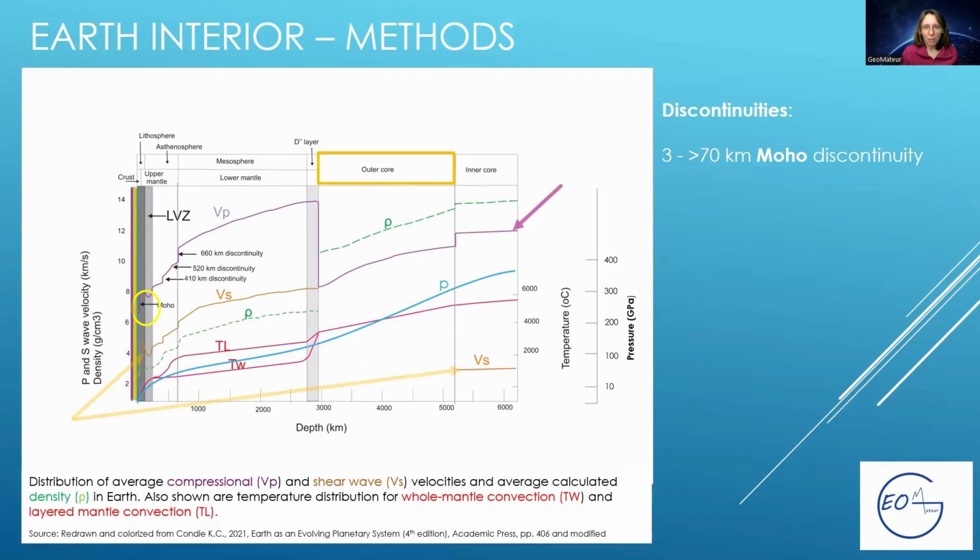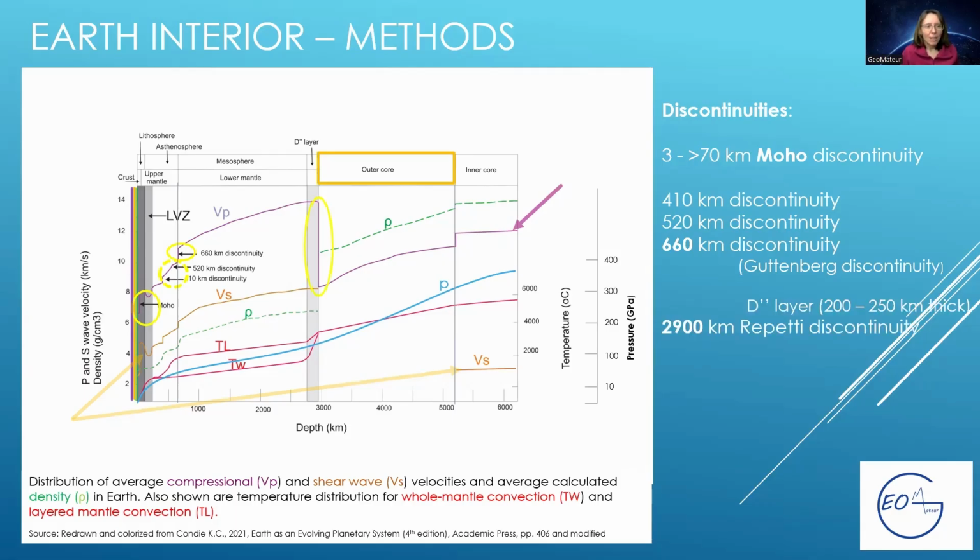The first discontinuity is the Moho discontinuity, noticed at the depth of around 30 to over 70 kilometers below the Earth's surface. And there are two discontinuities at the depths of 410 and 520 kilometers. The Gutenberg discontinuity is at the depth of 660 kilometers, and the so-called Repetti discontinuity at the depth of 2,900 kilometers. There you know the number very well.